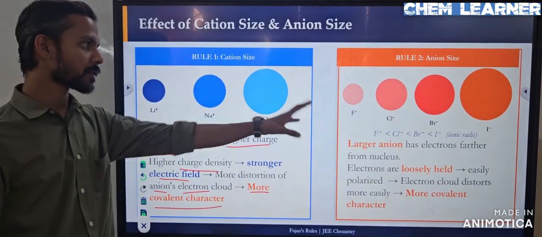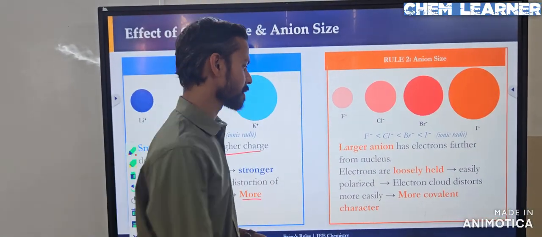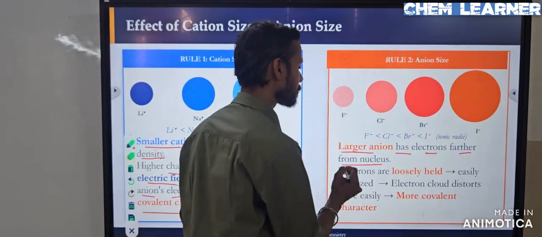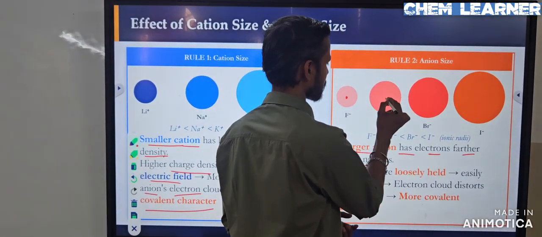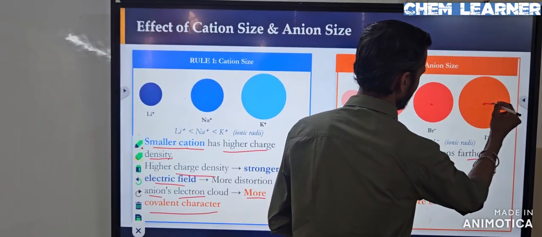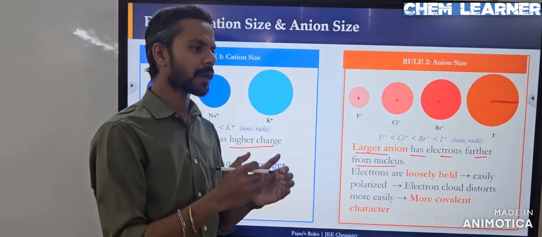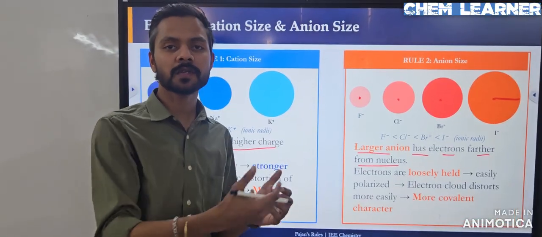Okay, now moving to the next section, the anionic size. As the anionic size increases, we are seeing here that the larger anion has electrons farther from the nucleus. We can simply say that if this is a nucleus, for example, for each and every atom, the distance is large. So the electrons are far away from the nucleus, and if the electrons are far away from the nucleus, then it will be easier to distort them.